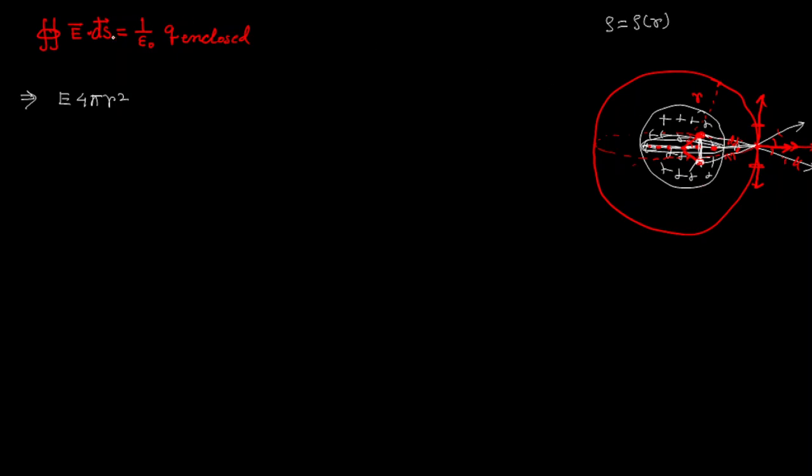Okay, so the first assumption is justified: if the charge distribution has spherical symmetry, then everywhere on the Gaussian surface the electric field will have only a radial component. It will be radially outward if the enclosed charge is positive. If the enclosed charge is negative, then it will be radially inward.